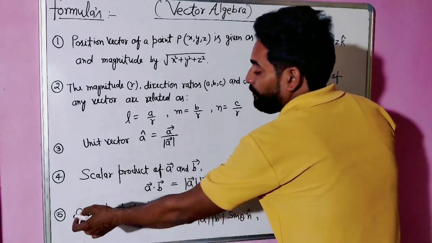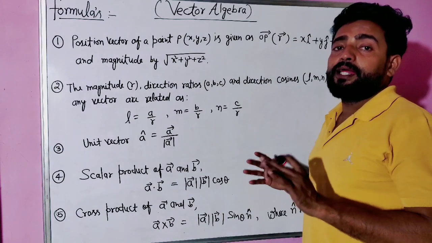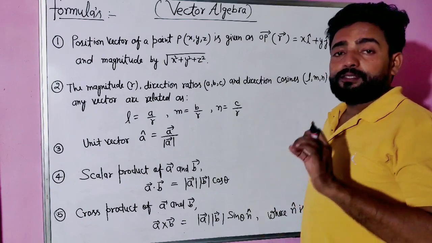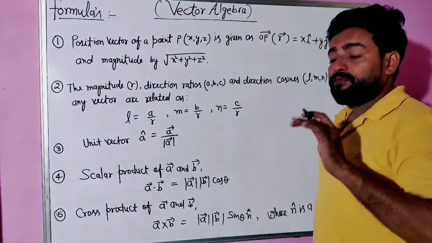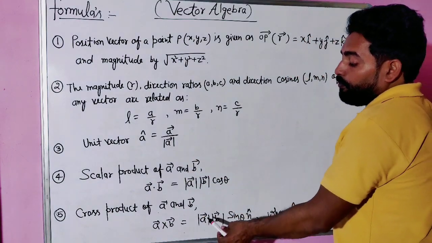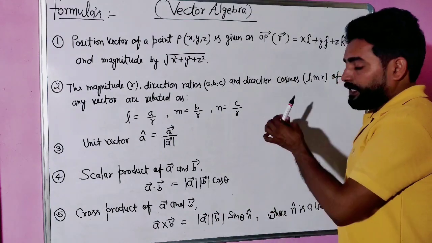Next formula friends, formula number 5, cross product. Now listen, cross product and scalar product formulas are very important, so don't ignore these formulas. Cross product of vector A and vector B: vector A cross vector B is equal to mod A vector into mod B vector into sin theta n cap.